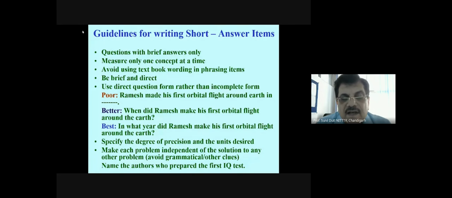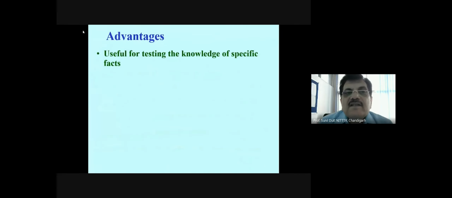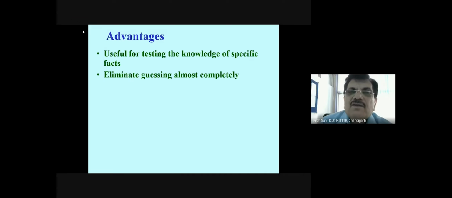Try to avoid grammatical errors. Like, if I ask, name the authors who prepared the first IQ test, the word author is giving the hint. So this should be avoided. Now, the advantages are that short answer questions are very useful for testing the knowledge of specific facts, that is, the remembering part of the cognitive domain, Bloom's taxonomy. Some computational questions can be asked, but not in much detail.